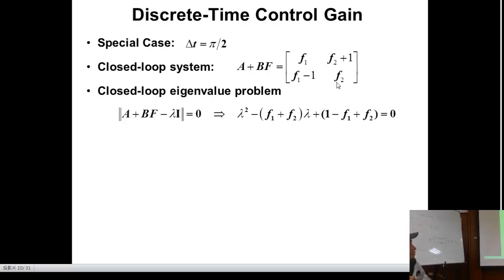Just A plus BF, that matrix, minus lambda I, take determinant equal to 0, right? Then if you substitute like that, my eigenvalue problem becomes this. Lambda square minus F1 plus F2 lambda plus 1 minus F1 plus F2 equal to 0. This is my eigenvalue problem. All right? For a 2 by 2 matrix, you can do that. For 3 by 3, well, it's getting more difficult. For 4 by 4, you're out of luck. For 10 by 10, well, you can solve for lifetime.